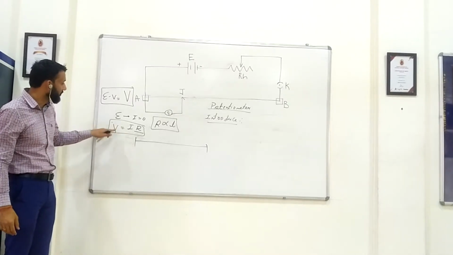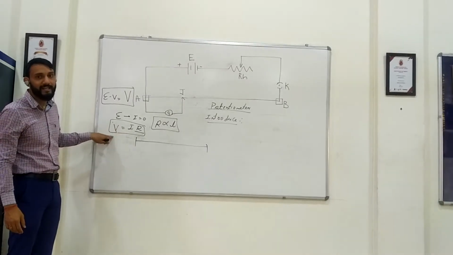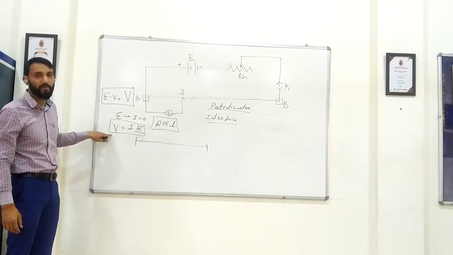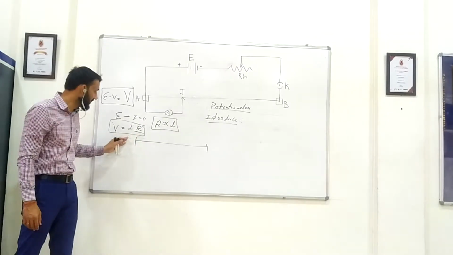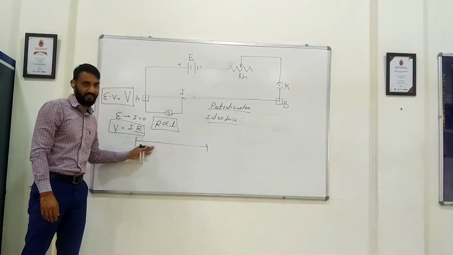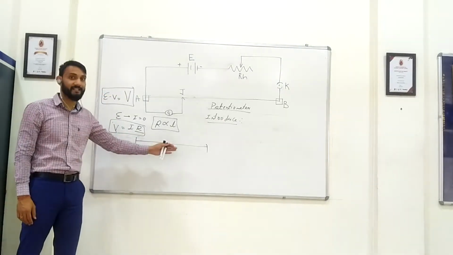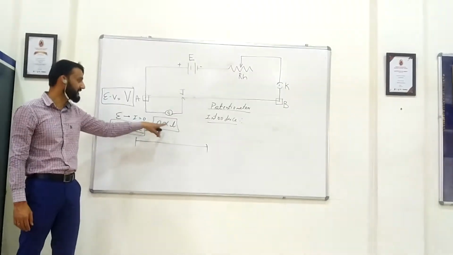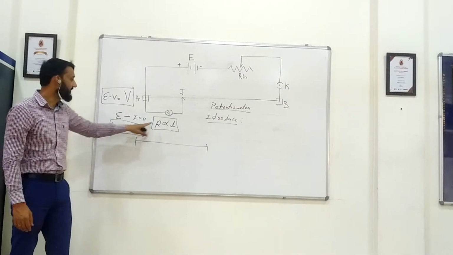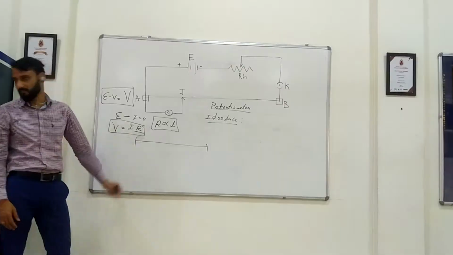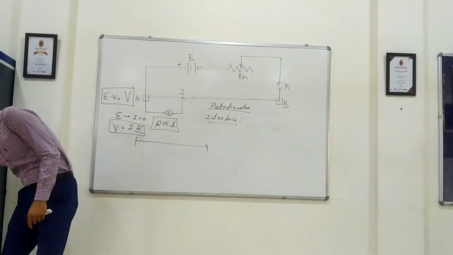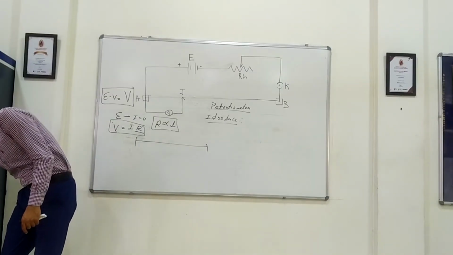So this drop or the fall in potential is directly proportional to the length. Why is it directly proportional to the length? Because resistance is directly proportional to L. And when this length will increase, resistance will increase. When resistance will increase, this potential drop or the fall in the potential will increase.